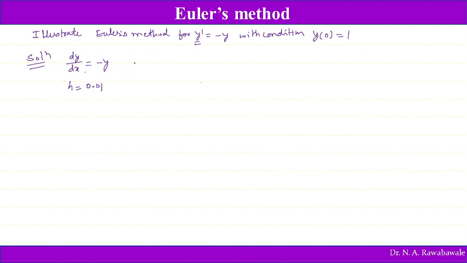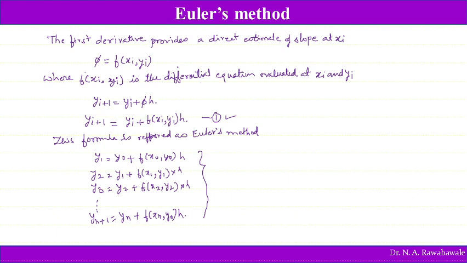Now to find out y(0) is equal to 1. If we want to get this one step ahead, adding h to this 0, y(0.01) is nothing but, as we have seen in the previous equation, old approximation plus derivative at old x0, y0 into h.